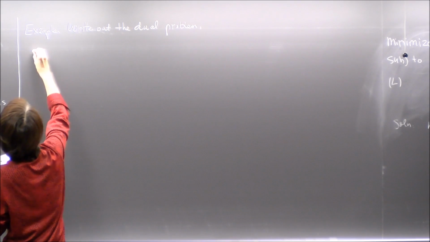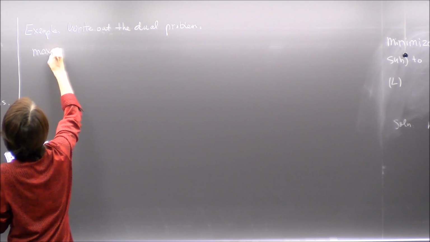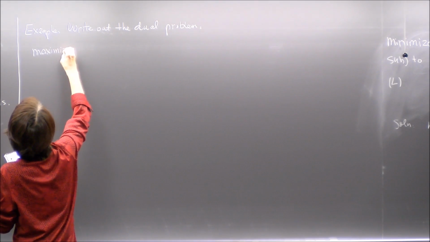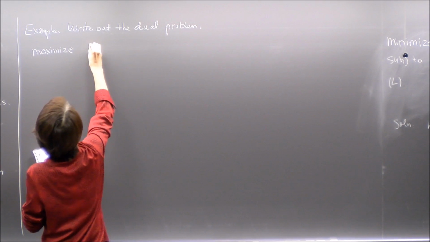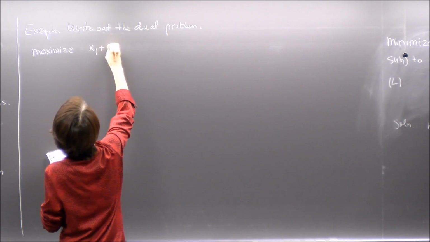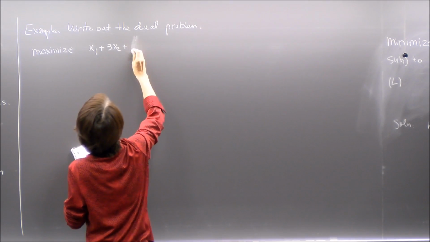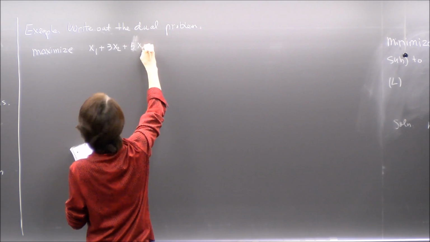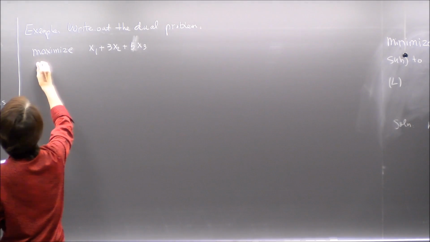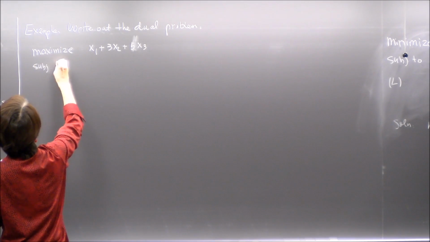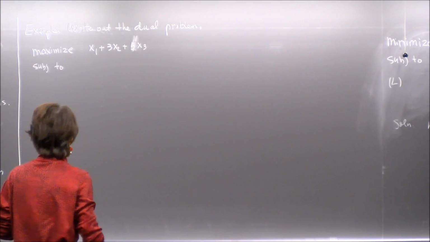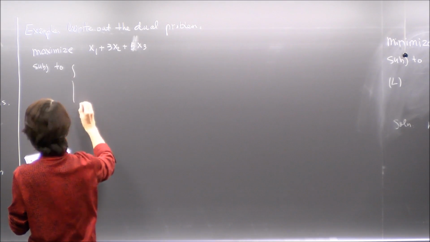So I have the following max problem, maximize, let's say x1 plus 3 x2 plus 5 x3, just numbers, subject to, let's see, let's put two constraints.